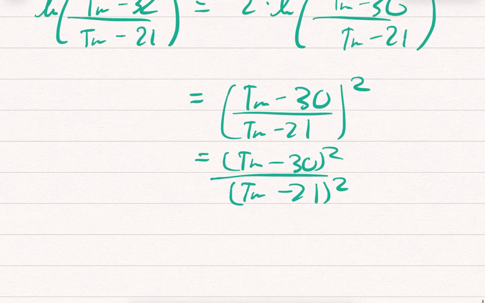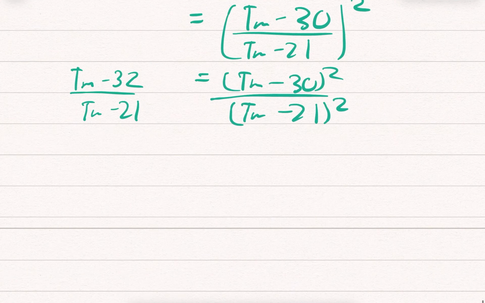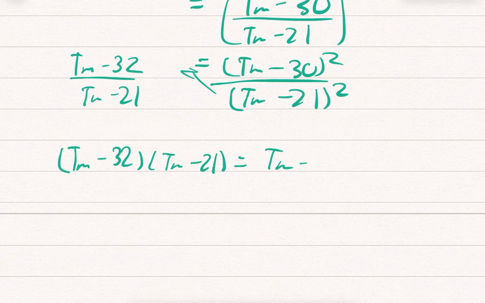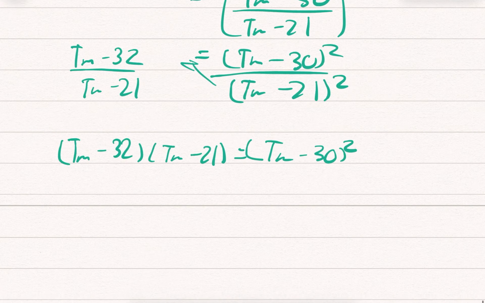I've already brought it to ln up until this point, so minus 32 over Tm minus 21. Now I multiply this up here. Stay with me. 32 times Tm minus 21 equals Tm minus 30 squared.